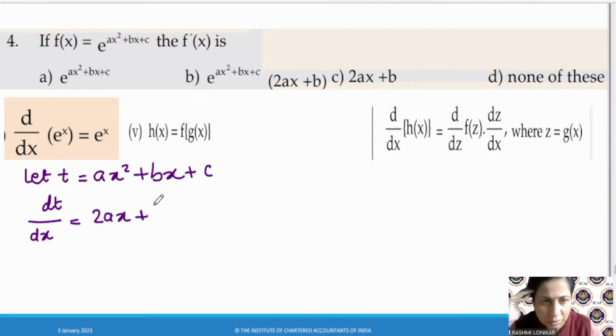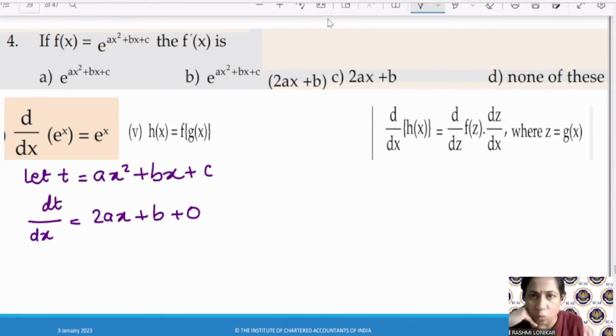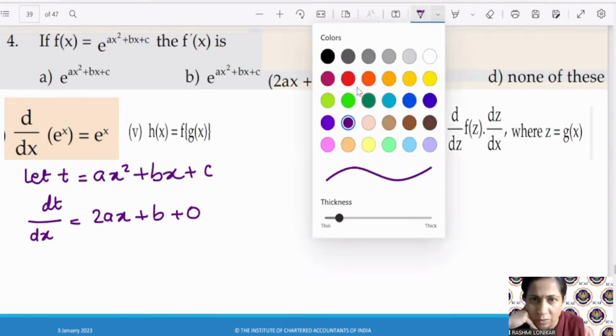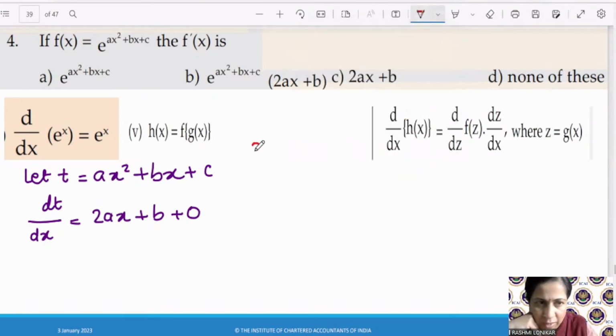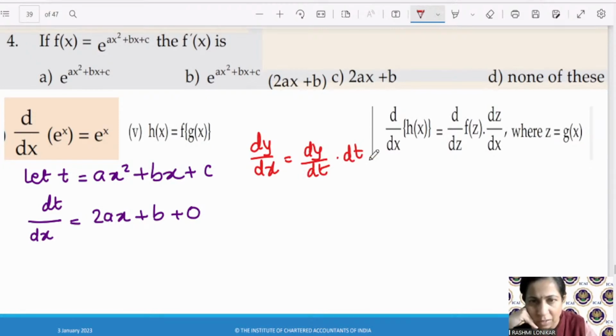Differentiating bx will be b plus 0. So dt by dx is equal to 2ax plus b. What do I know? That dy by dx will be written as dy by dt into dt by dx.